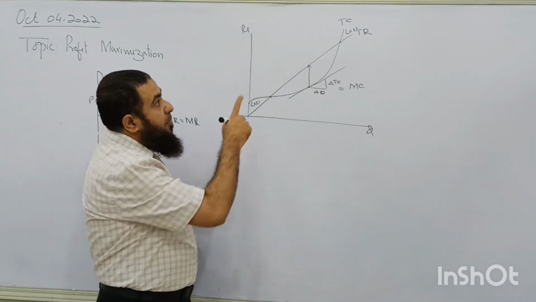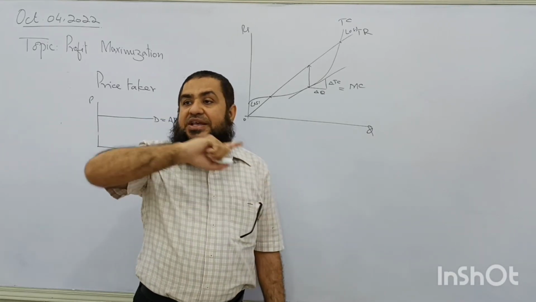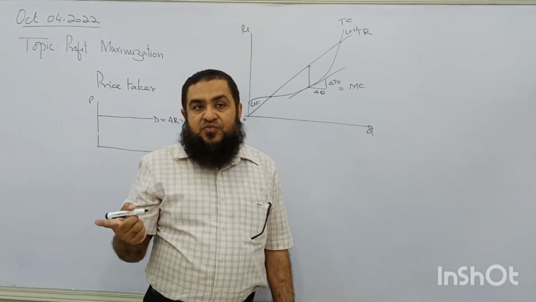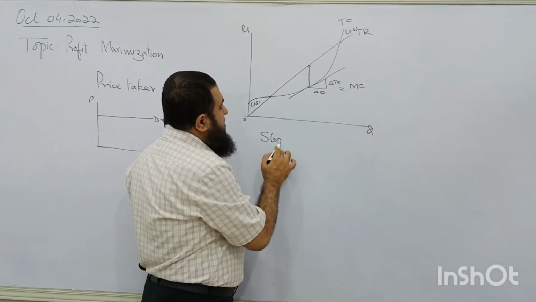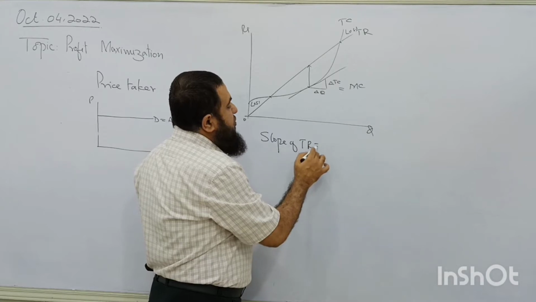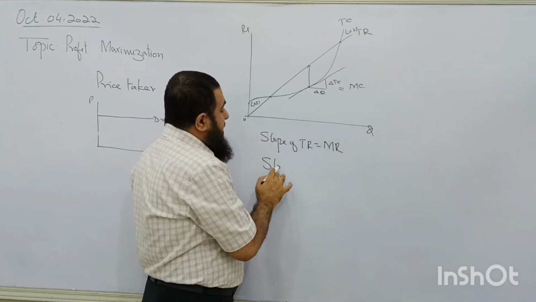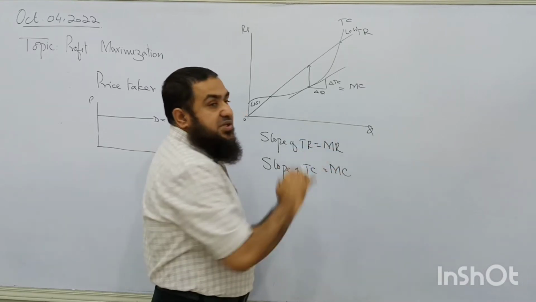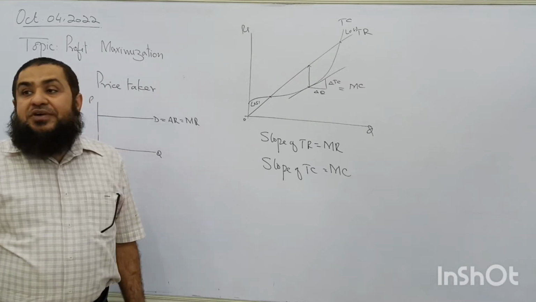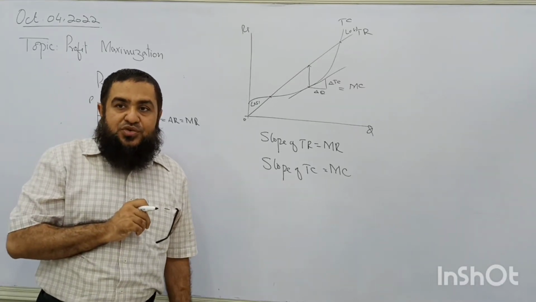So where the slope of total revenue and total cost are equal, what is the slope of total revenue? Slope of total revenue is called marginal revenue, and slope of total cost is called marginal cost. So when these two slopes are equal, what is going to happen?